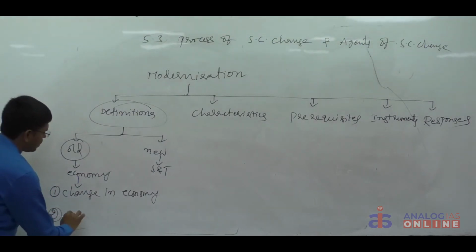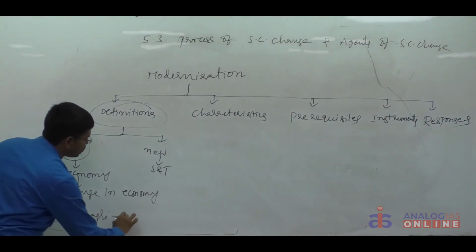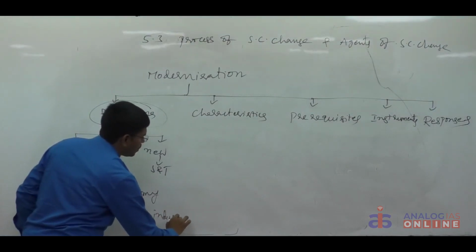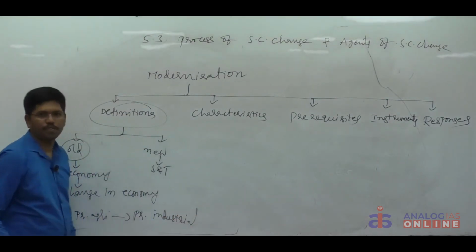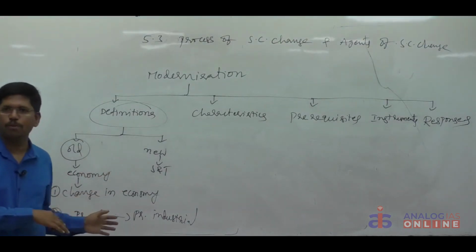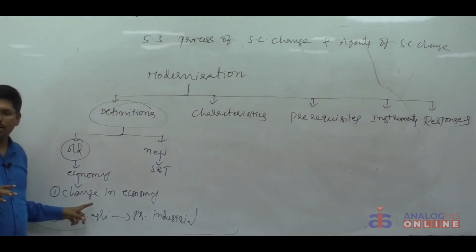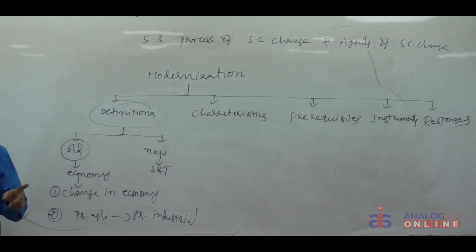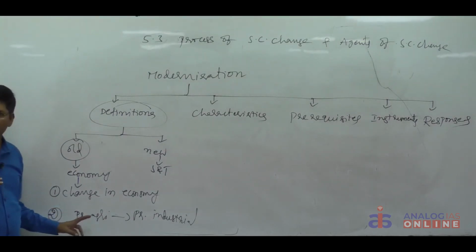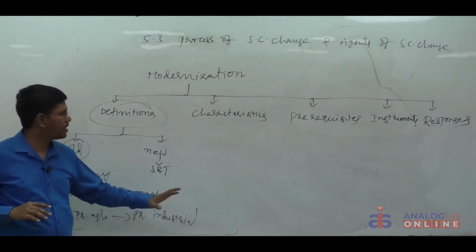Another one is the change in economy from primarily agriculture to primarily industrial economy. It is a process which changed the economy from a primarily agricultural economy to a primarily industrial economy.